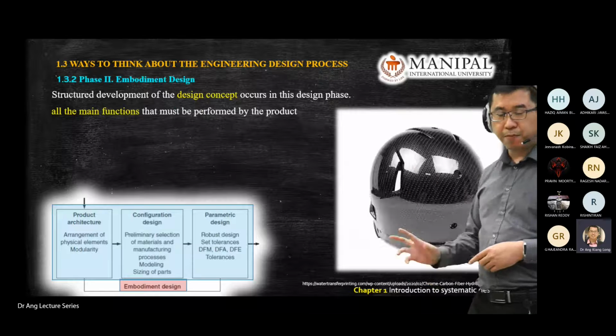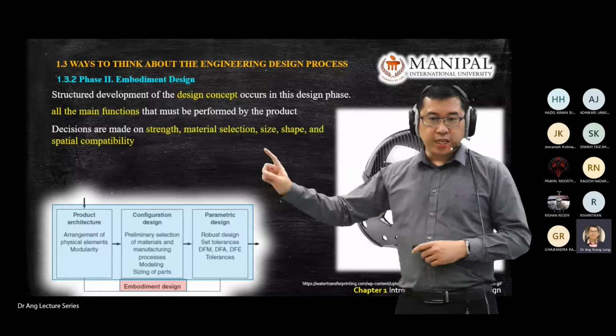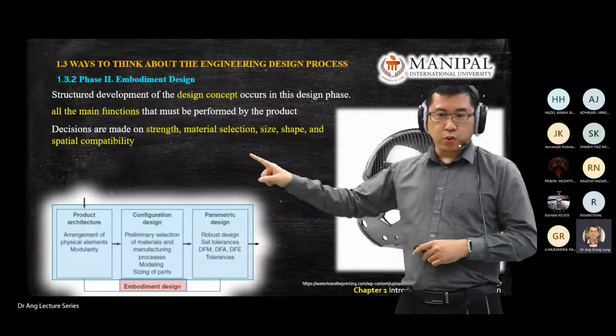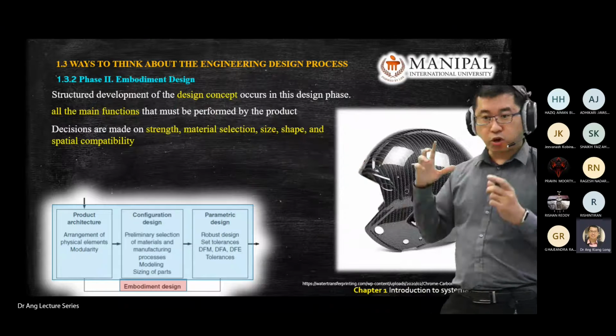Does it perform the function that you want or not? In this case, when it comes to embodiment, you look at the strength, the material selection, the size, and whether it is economical or not.